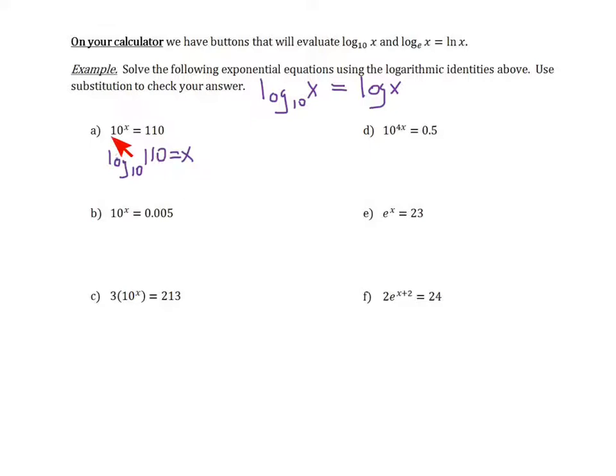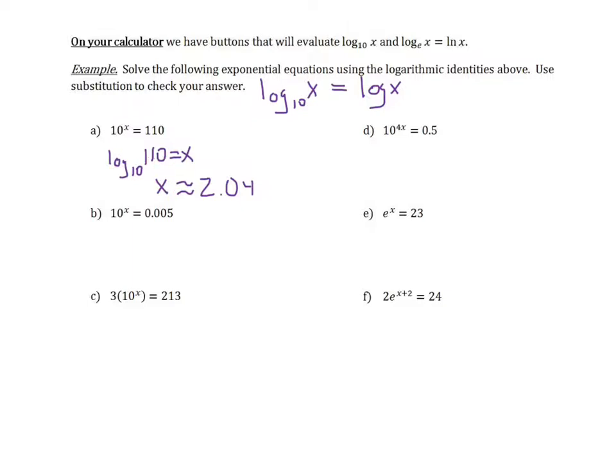Notice the base here is 10, the base here is 10. And so we use our calculator. You can plug that into our calculator, and we'll get an approximation. And plugging it into our calculator, we get that x is approximately 2.04, which is what we expect because I know that 10 to the second power is 100, and so this is going to be a little bit bigger than the second power.